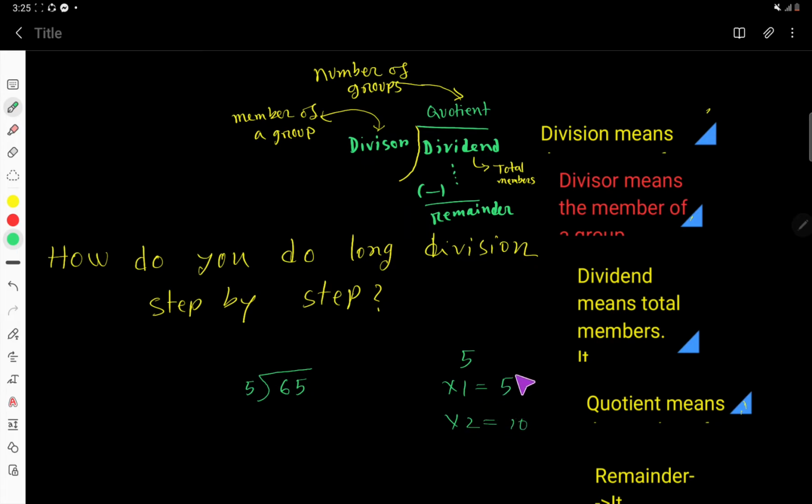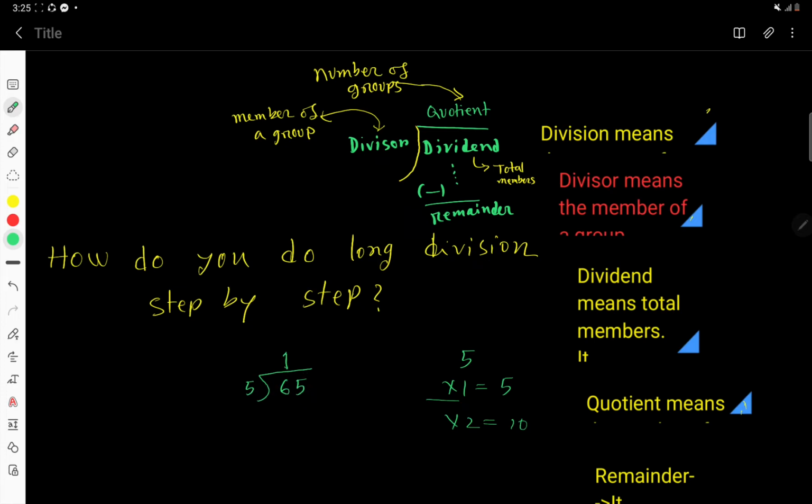We divide digit by digit. 2 times means 10, so we have to stop here. 1 time, so you write 1.